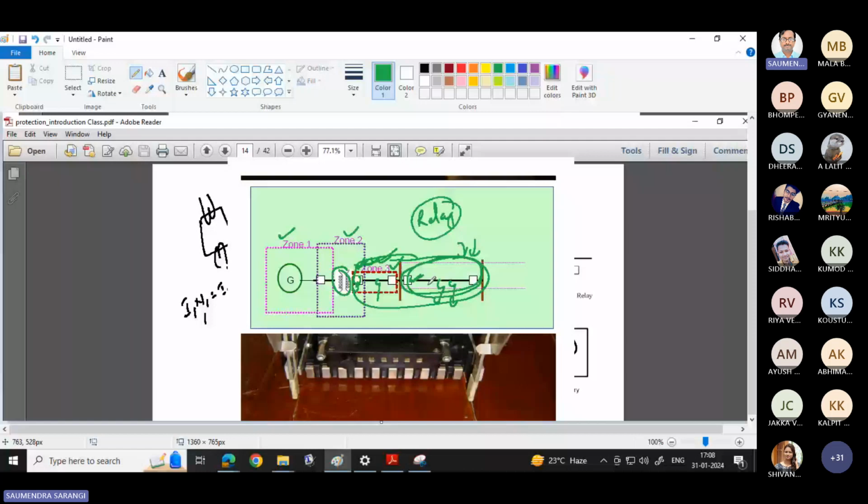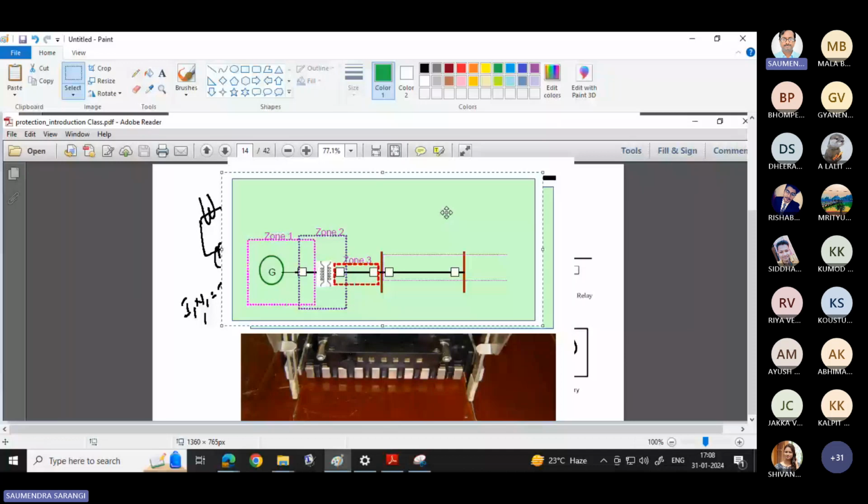So for that reason, when you are talking about this whole system, we need to understand that if this relay is designed for this zone 3, then this is the primary relay for zone 3. If this primary relay fails to detect the fault, then the backup has to come from zone 2. That means if the zone 3 relay fails, then we should operate from zone 2.